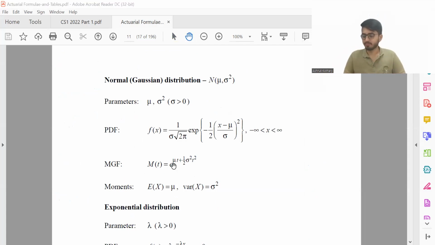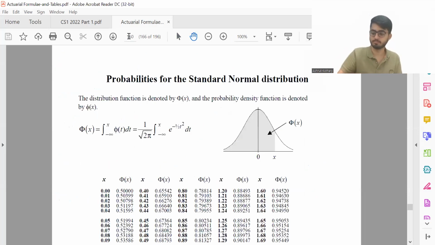We have the PDF, the mean, and also the variance. Next, go directly to page 160, and you will see the probabilities for the standard normal distribution, starting with x at 0. Obviously, the value is 0.5, because 0 is the median of a standard normal distribution.